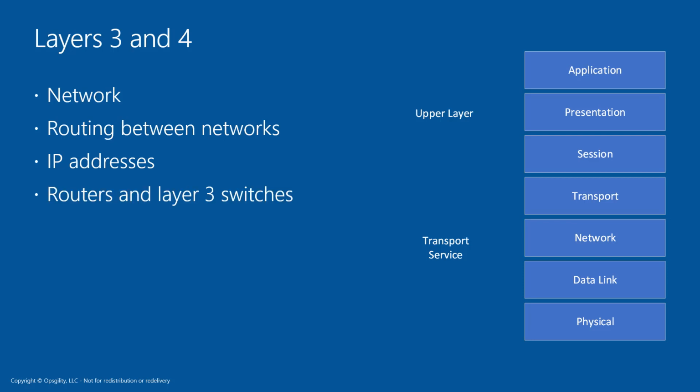Routers and layer 3 switches, as mentioned before, both sit at the network layer. However, they do things a little bit differently. Routers route between subnets or subnetworks. However, layer 3 switches operate in something called virtual LANs or VLANs. They both do the same thing, they just call them different things.